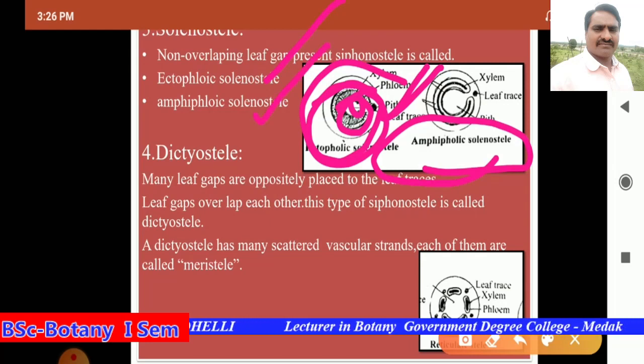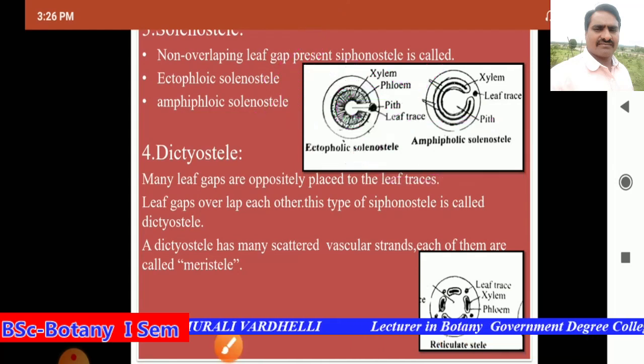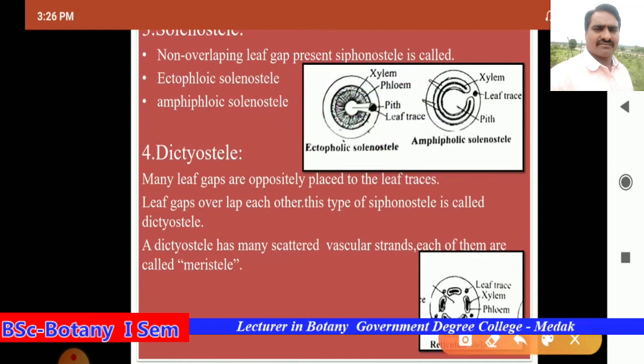Where the siphonostele has only one leaf gap, the type of stele is called solenostele. This solenostele is again divided into two types, ectophloic solenostele and amphiphloic solenostele. In ectophloic solenostele, in the middle of the vascular cylinder they have pith, and only one leaf trace and leaf gap are present.